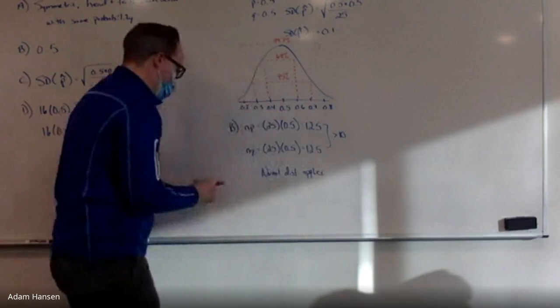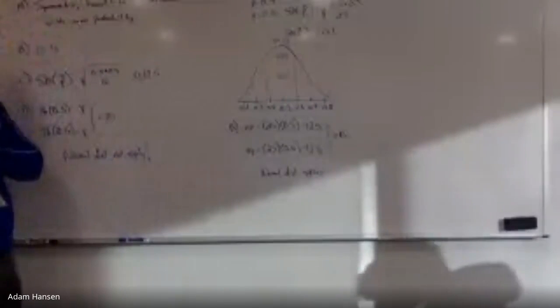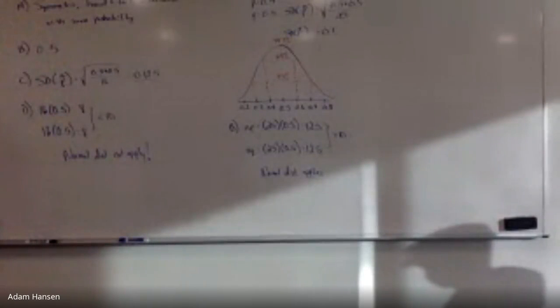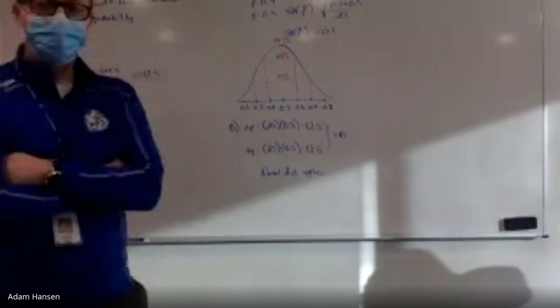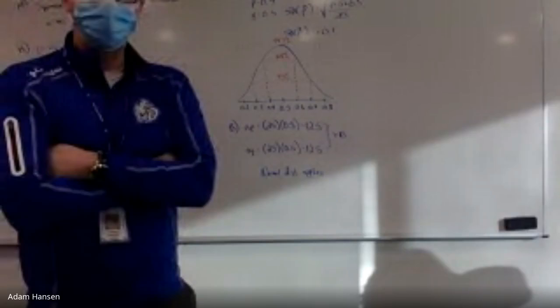My conditions for inference have been satisfied. I'd expect at least 10 successes and failures, at least 10 coins to come up heads and tails. The coin is random. I have less than 10% of the total population, all the coin flips ever. So the normal distribution applies.